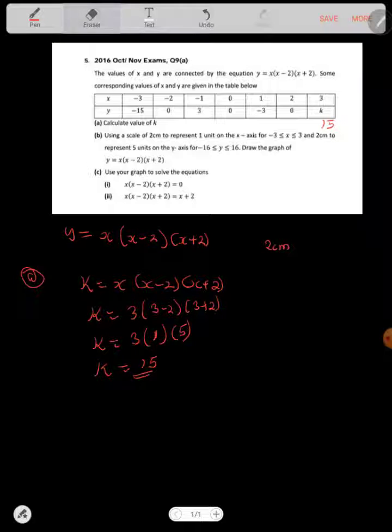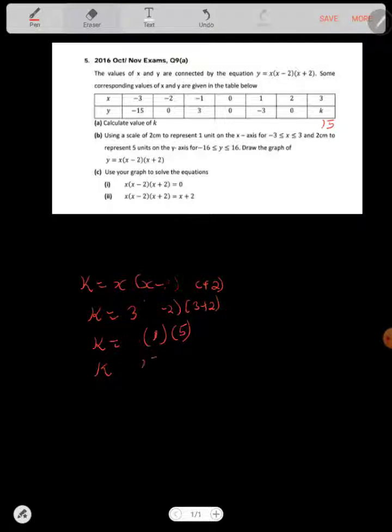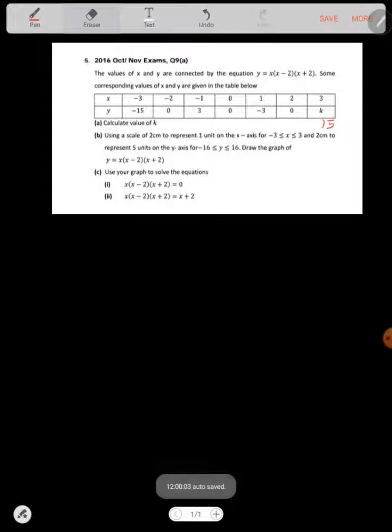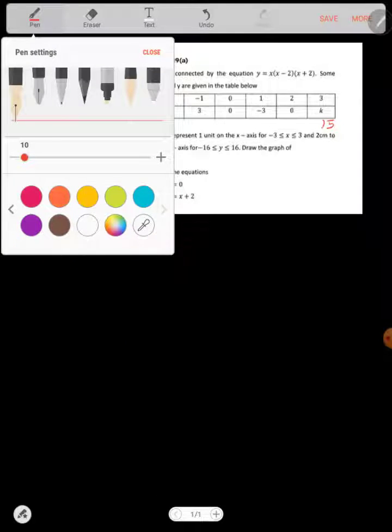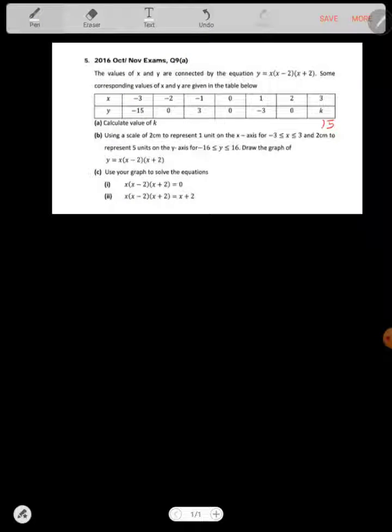So let me just erase this. So we know that the value of y in this case, which is k, is 15.